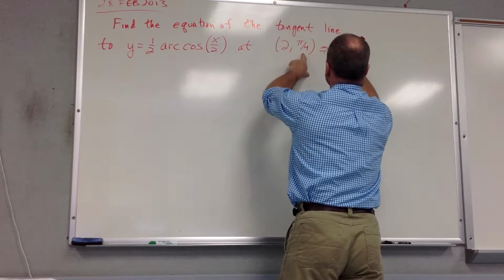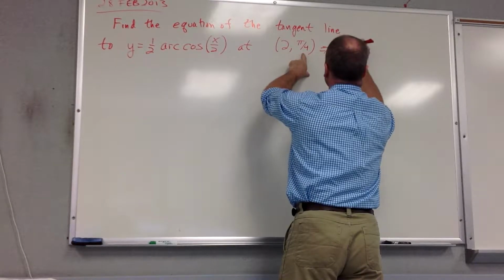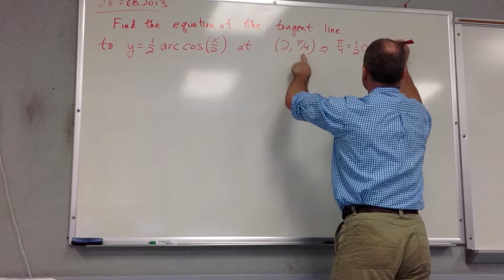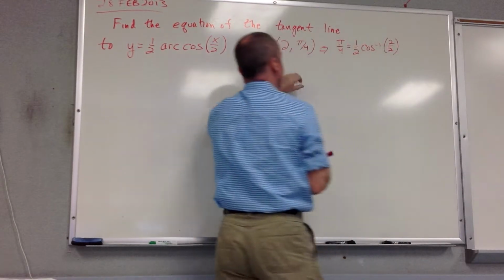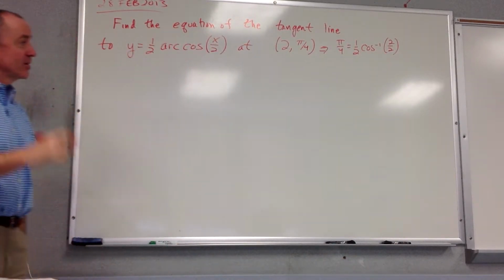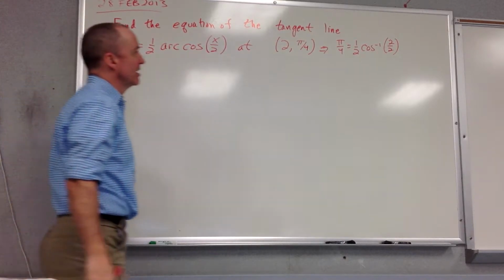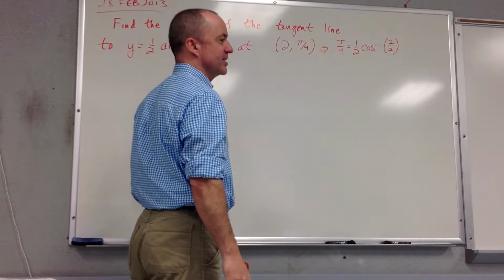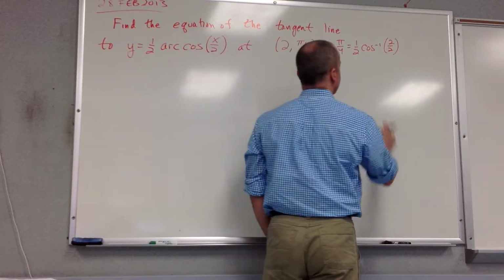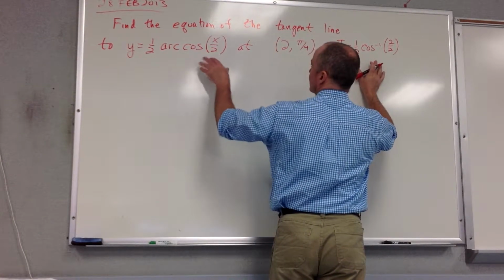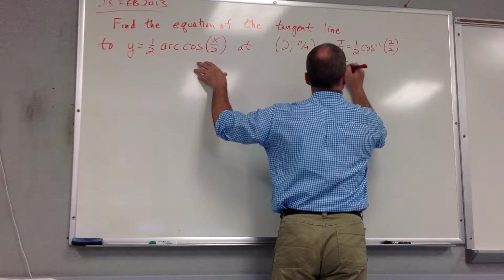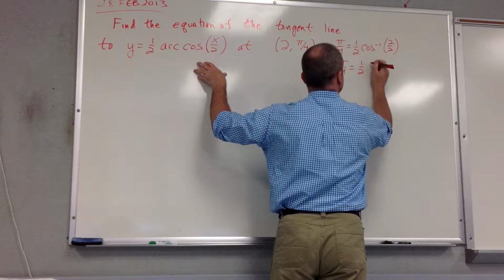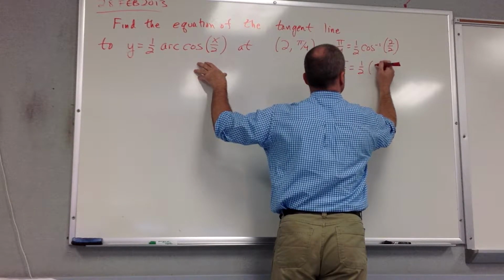Pi over 4 is the y value, right? And that should equal 1/2 inverse cosine of 2 over 2. Did I plug those in correctly? Yep. Okay, when is the cosine equal to 1, at how many degrees? At 0. Okay, so cosine of 1 should be an angle of... well, it's inverse.